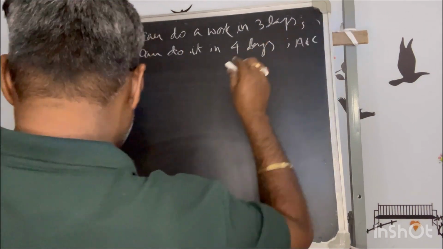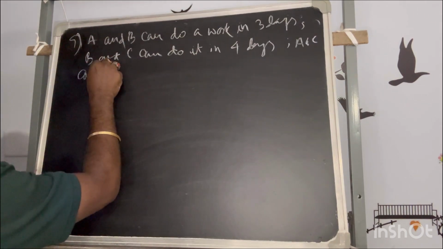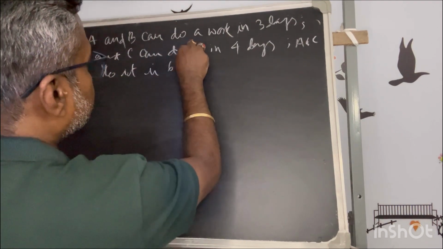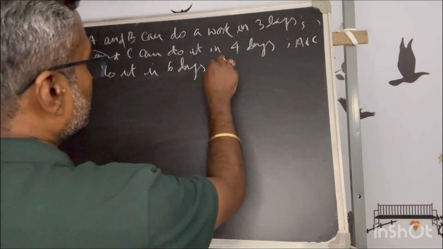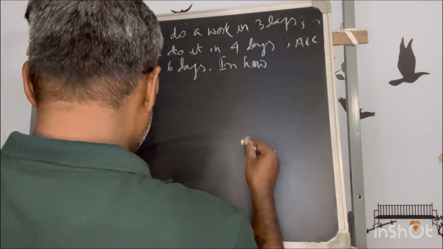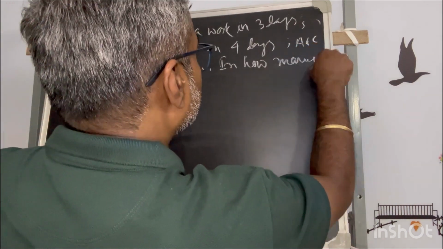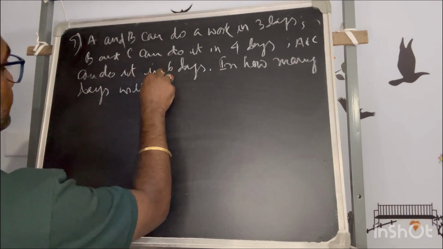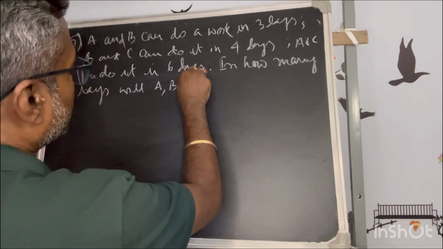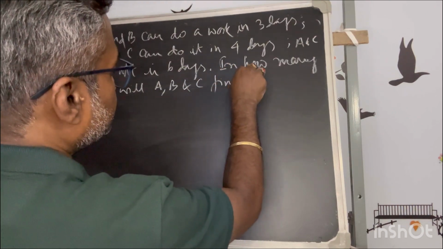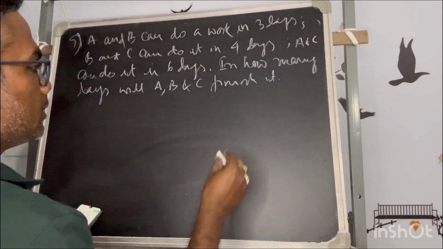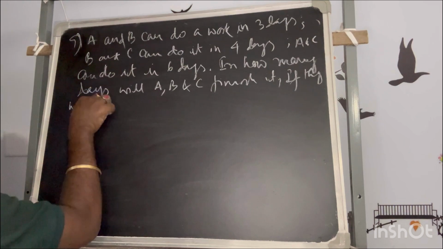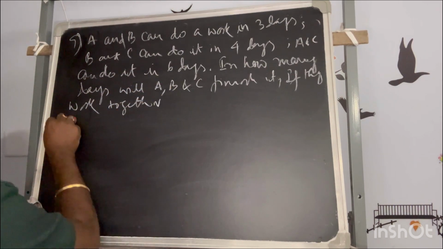A and C can do it in 6 days. In how many days will A, B and C finish it if they work together? Okay, solution.